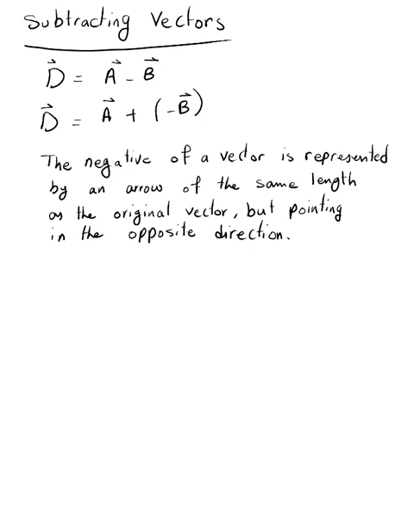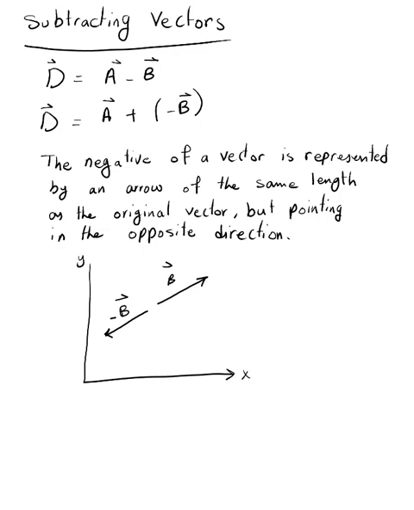The negative of a vector is represented by an arrow of the same length as the original vector, but pointing in the opposite direction. For example, if you have x and y, and this is B, then negative B is going to be the same length, but in the opposite direction.